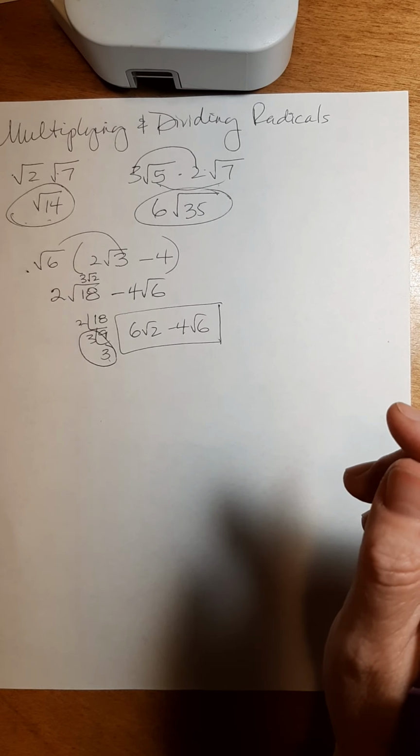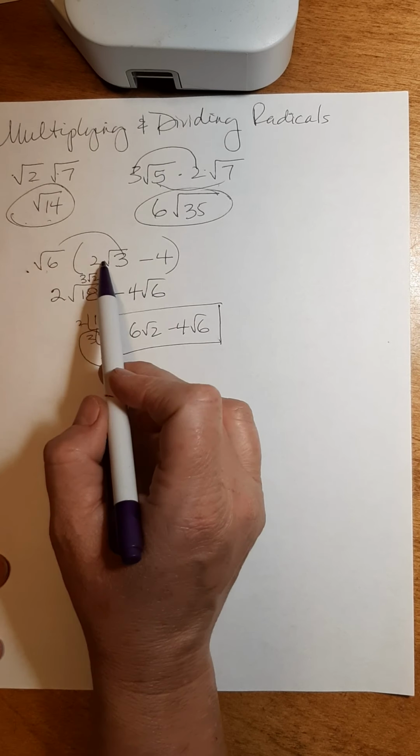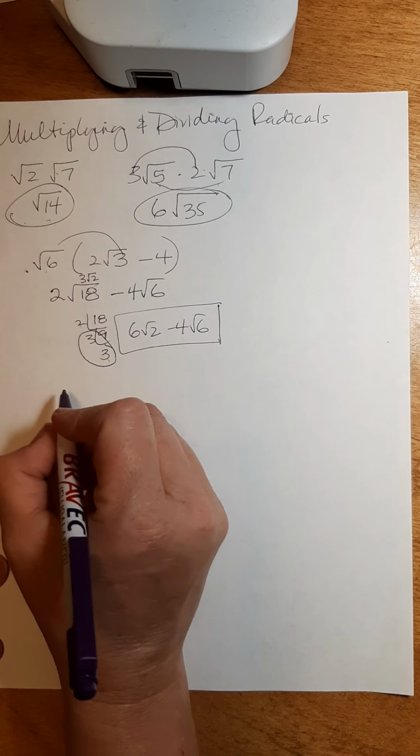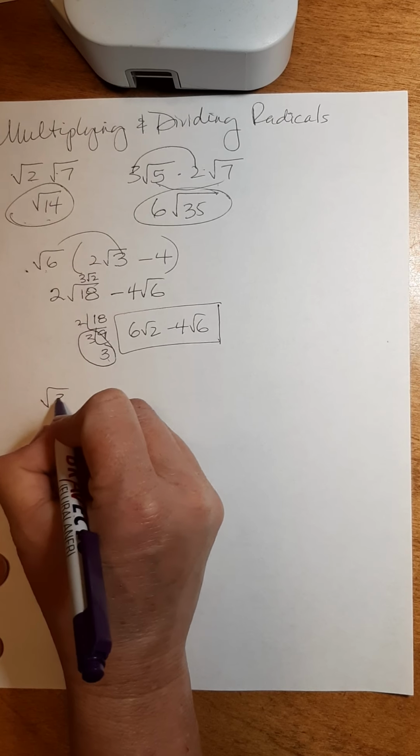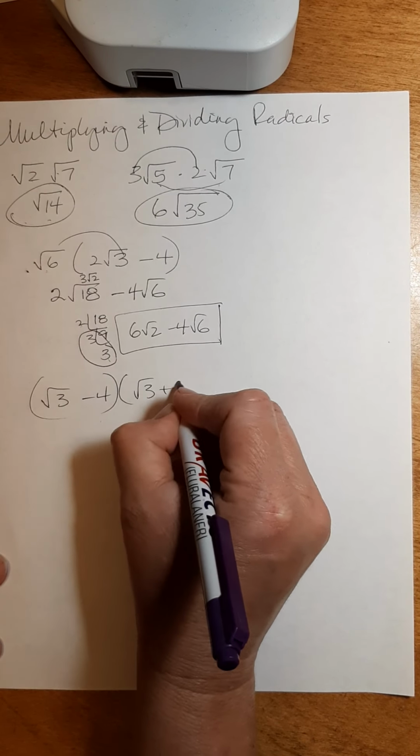You can even do, instead of just a 1 term by 2, you can do a 2 by 2. Like square root of 3 minus 4, square root of 3 plus 8.